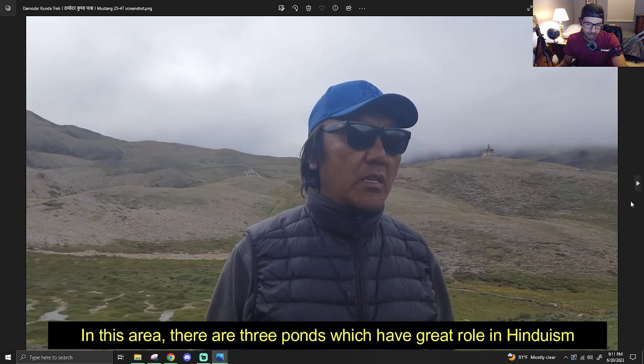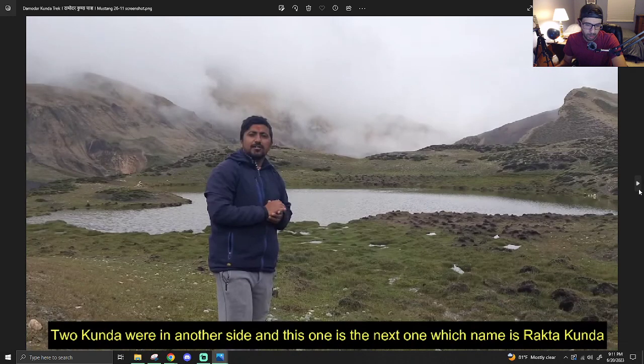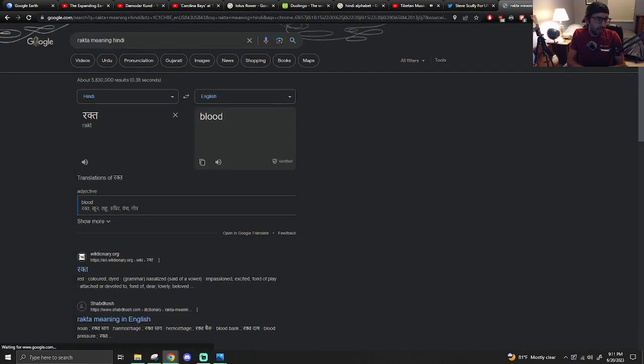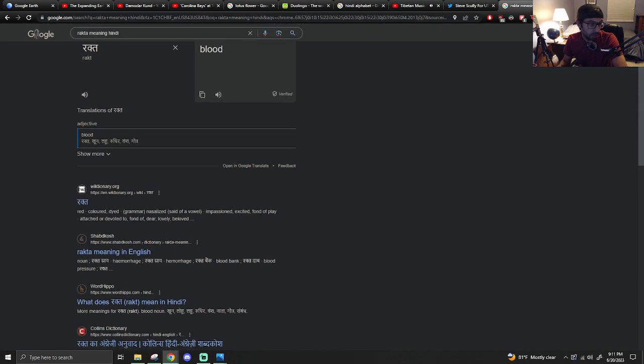Three ponds, great role in Hinduism. So the other one by itself is named Rakta Kunda. Blood Lake. Impassioned, excited, fond of play. Red.